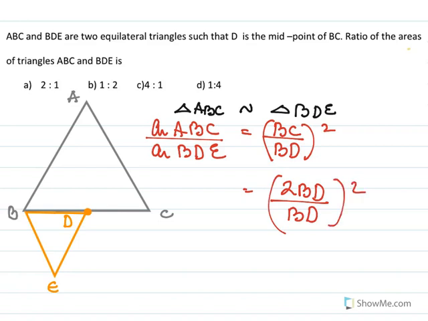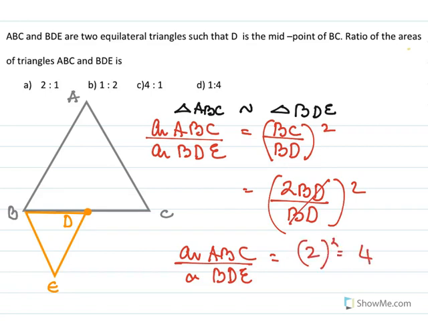So we have area ABC over area BDE, this cancels, 2 whole square, that is 4 over 1. So the ratio is 4 is to 1.